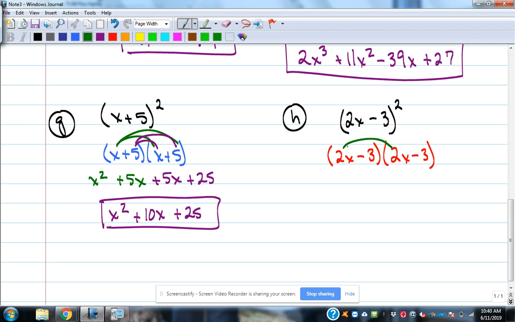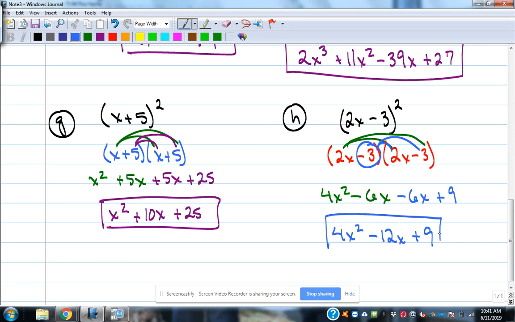And then just distribute 2x to both of those. 4x squared minus 6x. And negative 3 to both of those. Another negative 6x, and then a positive 9. It's going to be 4x squared minus 12x plus 9. Don't miss the middle term when you're squaring binomials, especially.